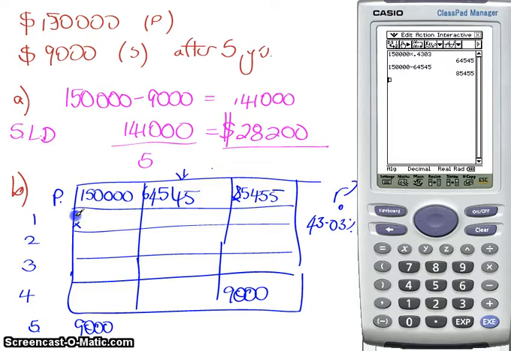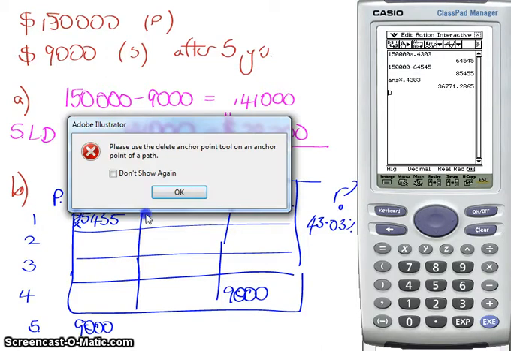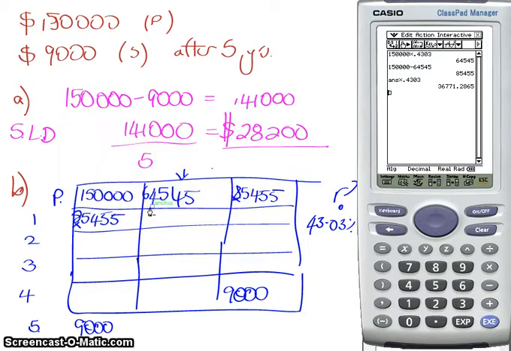So then that's what I start with at the beginning of this year, $85,455. And now I'm going to times that by my 0.4303. And that means this year I lose $36,771.29.